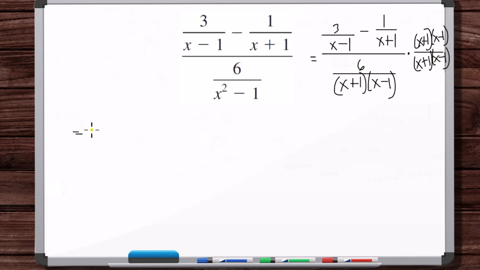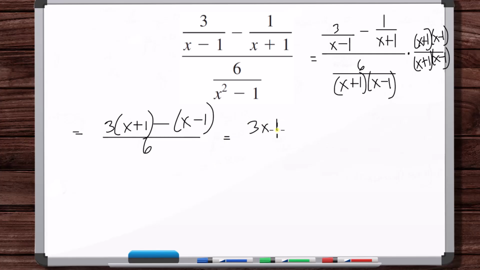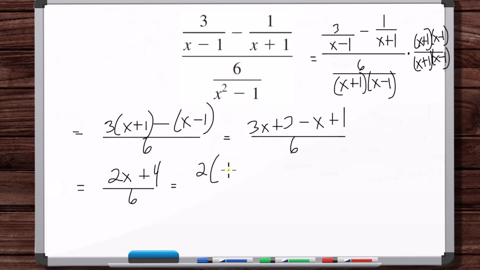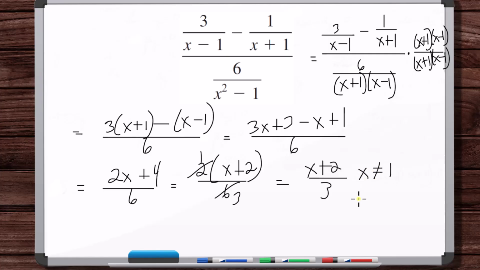And so we're left with 3 times x plus 1 minus x minus 1, and then all over 6. So 3x plus 3 minus x plus 1 over 6. Okay, 3x minus x is 2x. 3 plus 1 is 4. Okay, we can factor out a 2. So we're left with x plus 2 over 3. Okay, but x can't be equal to 1. x can't be equal to minus 1. We can see that from here.